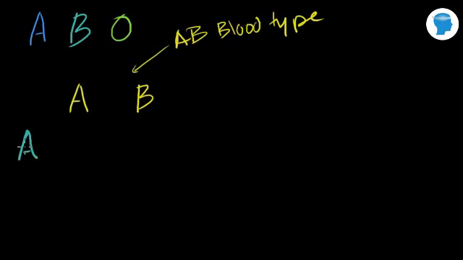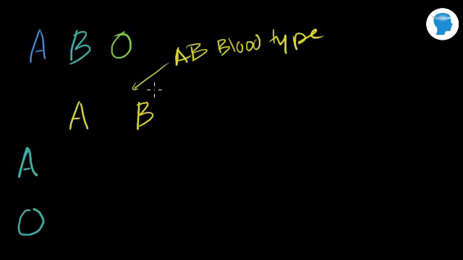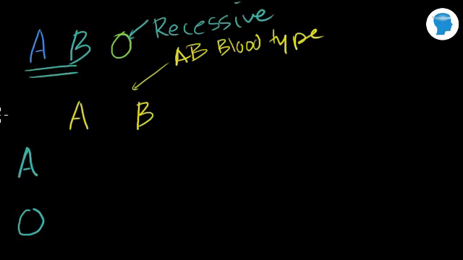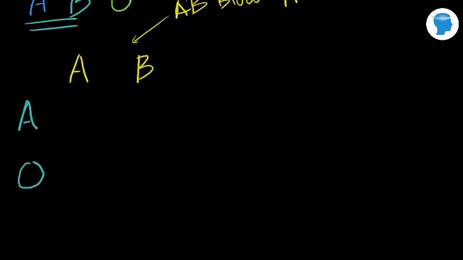But their genotype is that they have one allele that's an A and their other allele that's an O. So this is what's interesting about blood types. It's a mixture. O is recessive, while these guys are codominant. So if you have either of these guys with an O, these guys dominate. If you have them together, then your blood type is AB. So what are all the different combinations for this couple here?